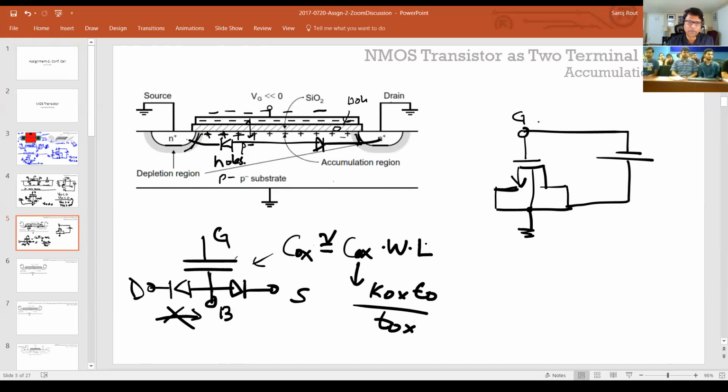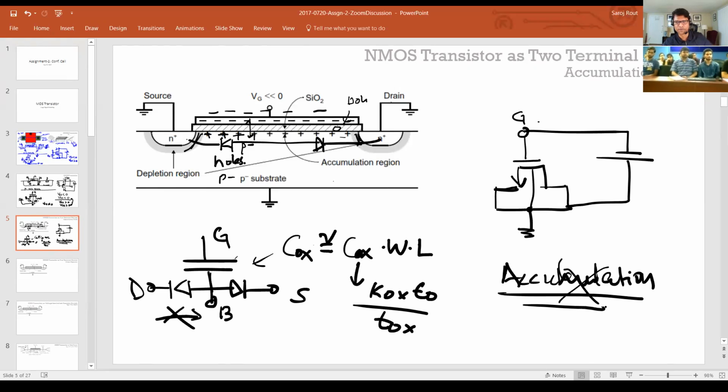But actually it's a little bit more complicated because you also have a depletion capacitor, but we'll not go into that, because this operation, which is called the accumulation region operation, we rarely ever use. So it's just good to know, but you don't need to know anything more than this.